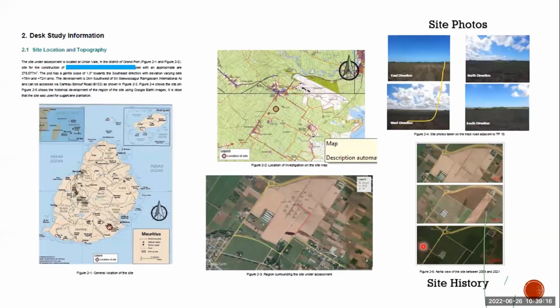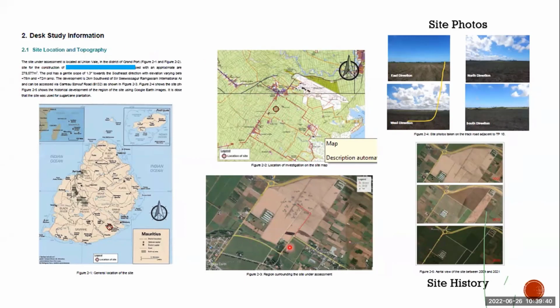This is a template. Usually it's Mauritius. You can see it's a small country. We indicate the site location and topography, and we have some digital maps shown, and Google Earth.